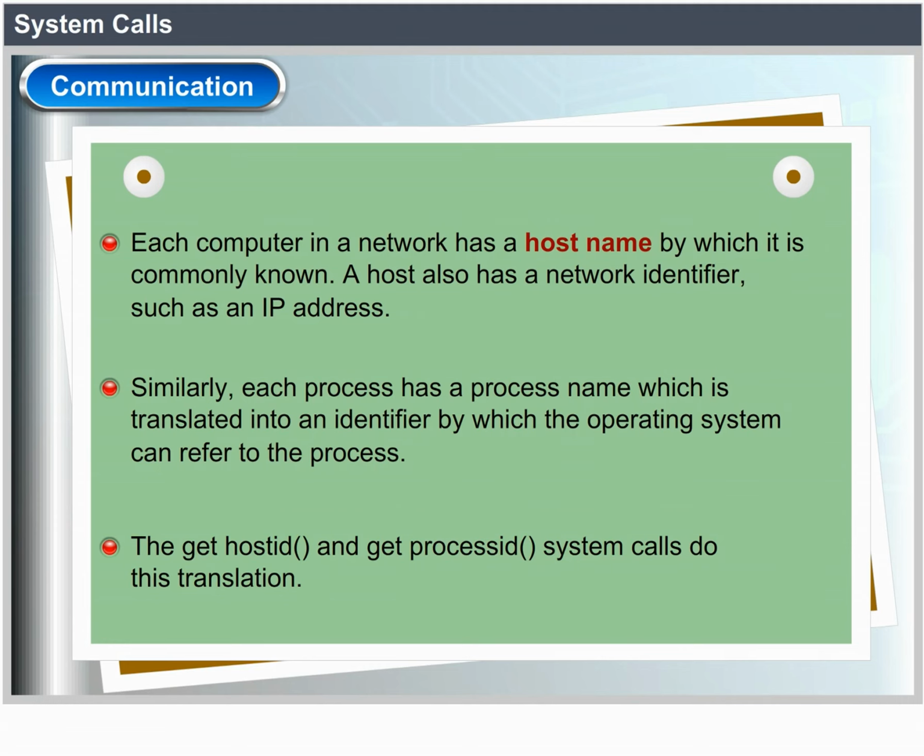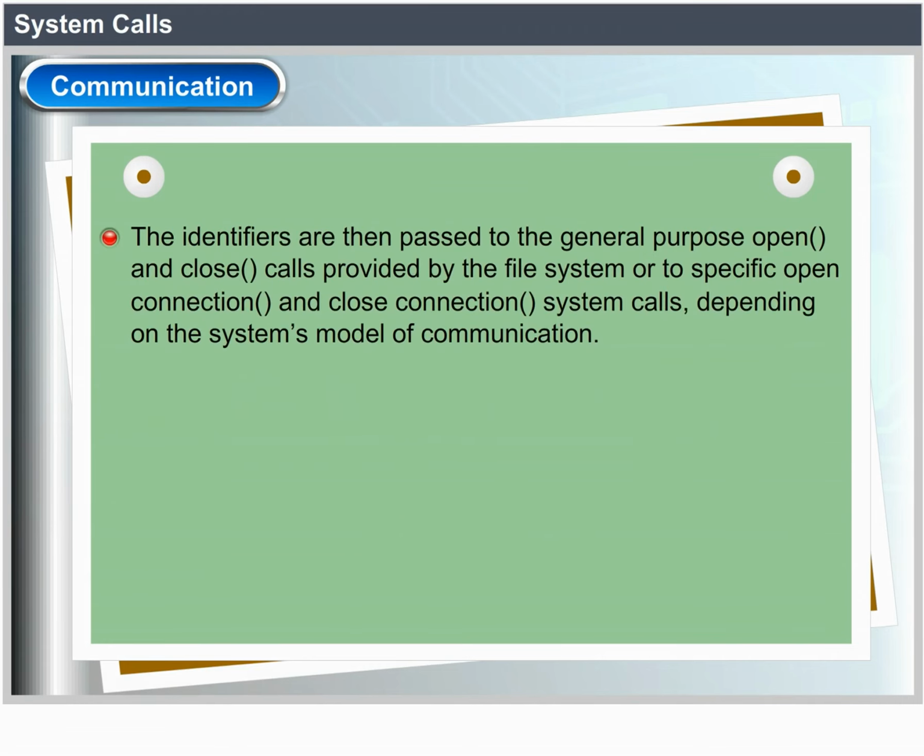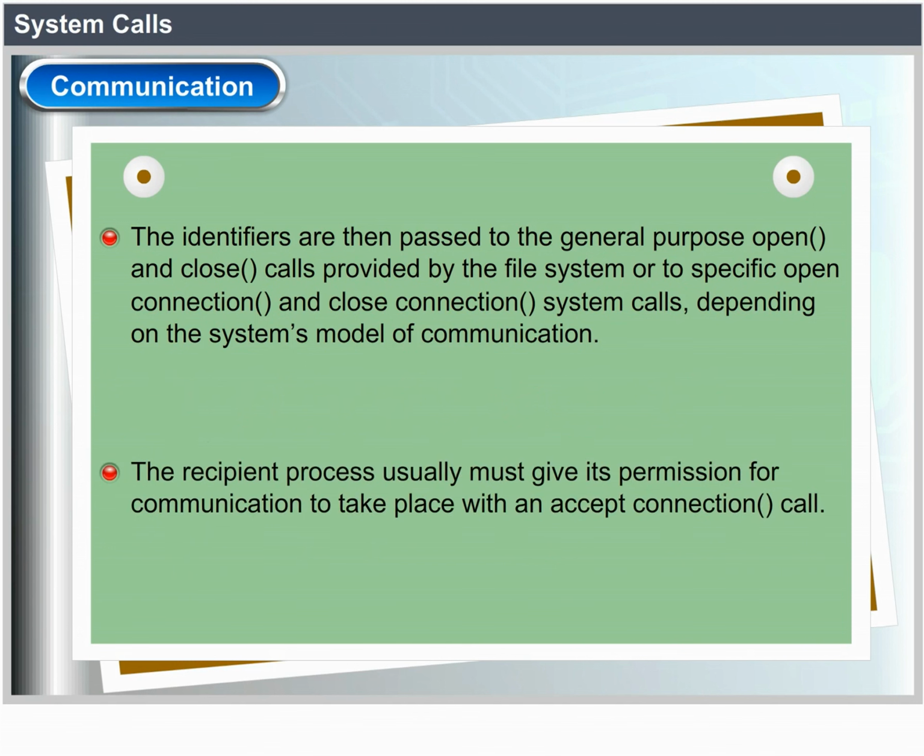The getHostID function and getProcessID function system calls do this translation. The identifiers are then passed to the general purpose open function and close function calls provided by the file system, or to specific open connection function and close connection function system calls, depending on the system's model of communication. The recipient process usually must give its permission for communication to take place with an accept connection function call.